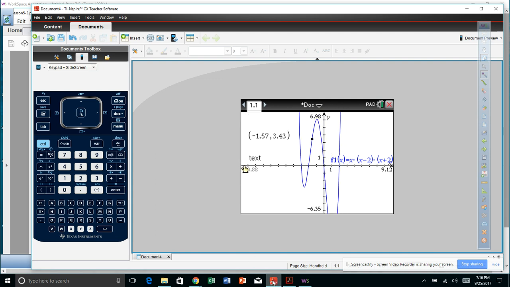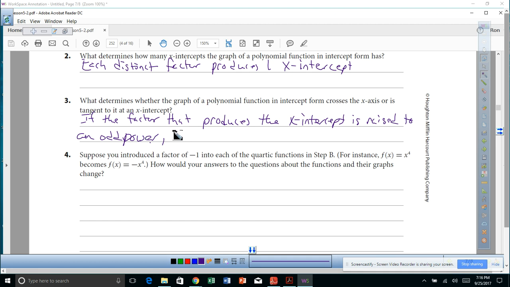If you go back and look, an odd power, the graph will be tangent to the x-axis. I'll explain that a little bit better in class.